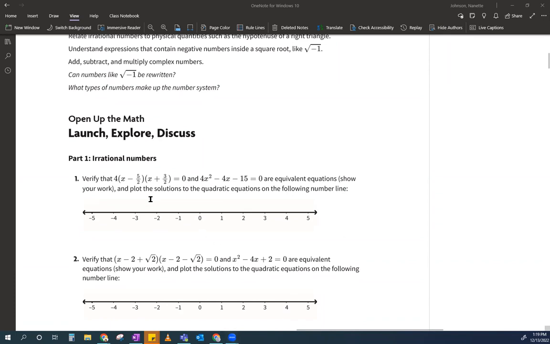So the very first thing is they want you to prove that this and this are the same. What's the easiest way for Miss Johnson to prove that? What's my best friend? Who am I going to pull out?